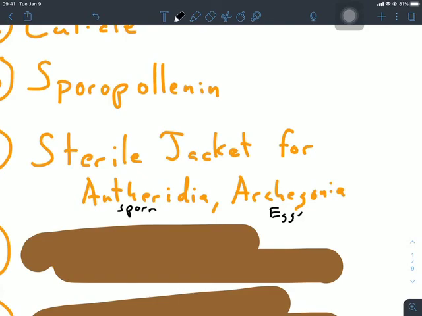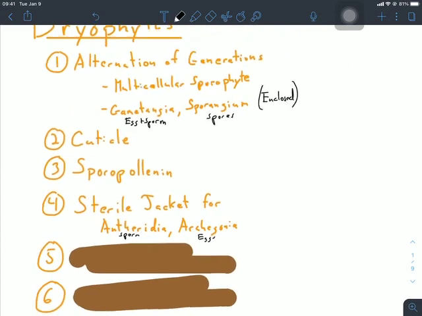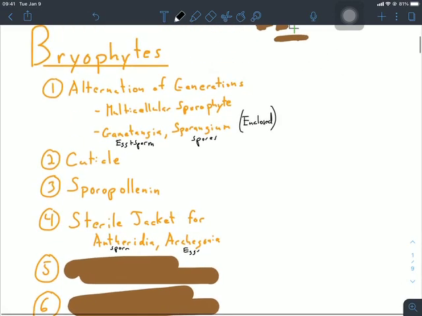But remember, these are not flowering organisms. They do not make the same reproductive structures. They do not make seeds.